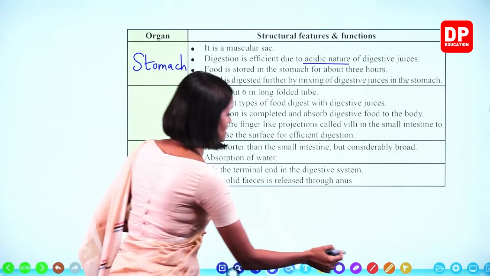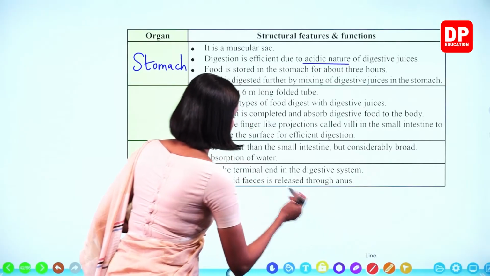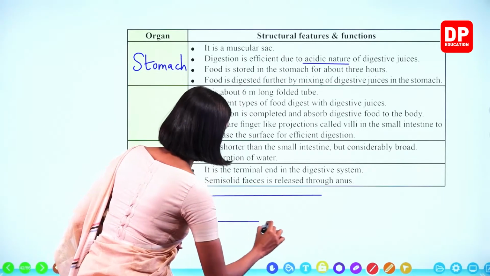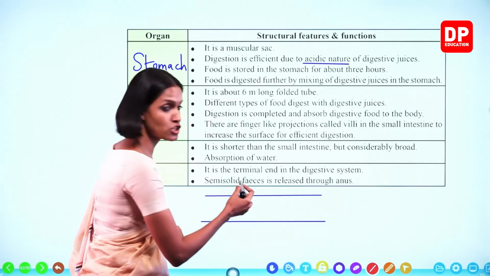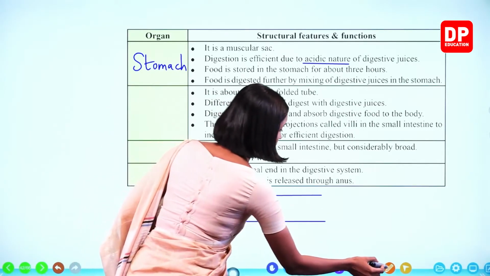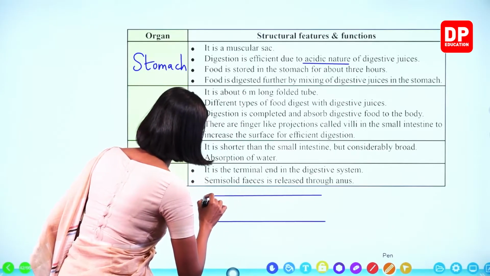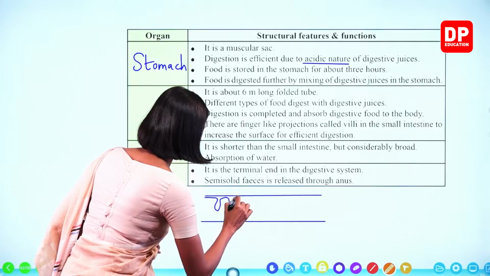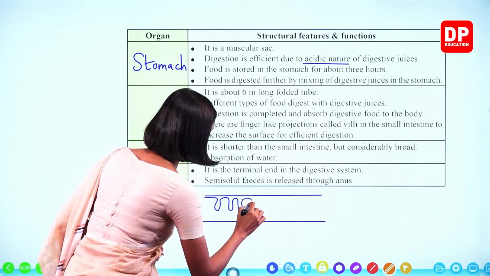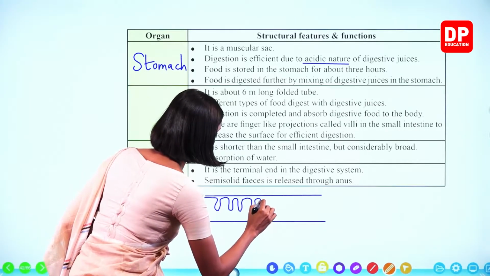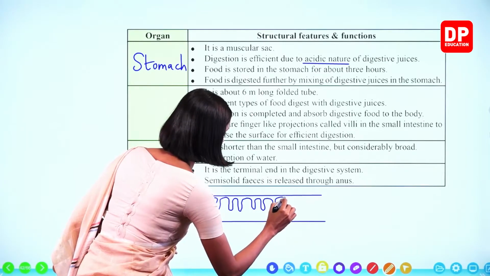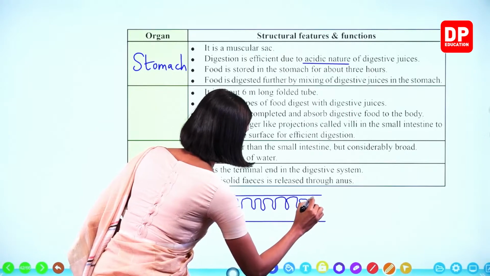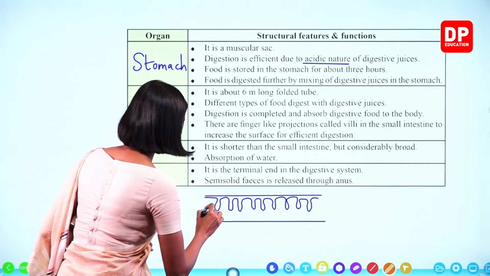When you consider the small intestine, it's a tubular structure. The inner wall is folded into projections like this, right? The inner wall is folded into finger-like projections. These are known as villi.